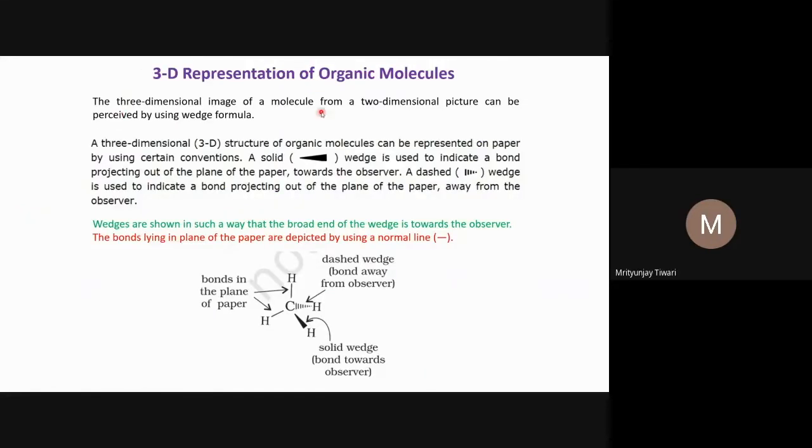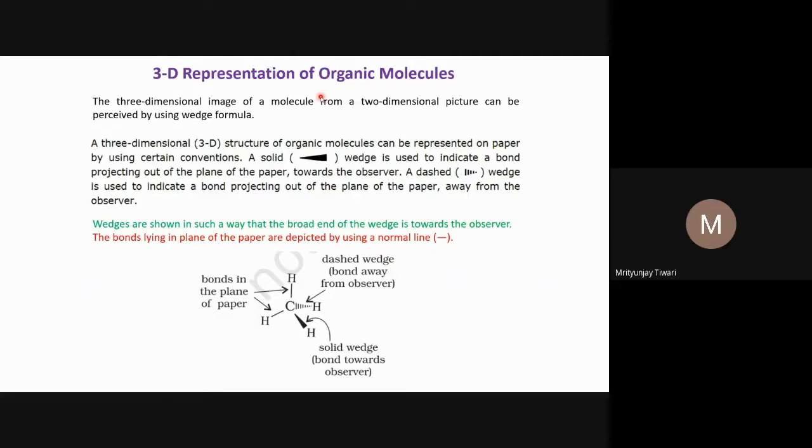Let us now move to the 3D representation of organic compounds, meaning the three-dimensional representation of organic compounds. First of all, why do we need a three-dimensional representation of organic compounds? In organic compounds, carbon atoms can have sp3 hybridization, sp2 hybridization, and sp hybridization. If a carbon atom has sp hybridization, the shape will be linear, and we can represent that very easily on paper.